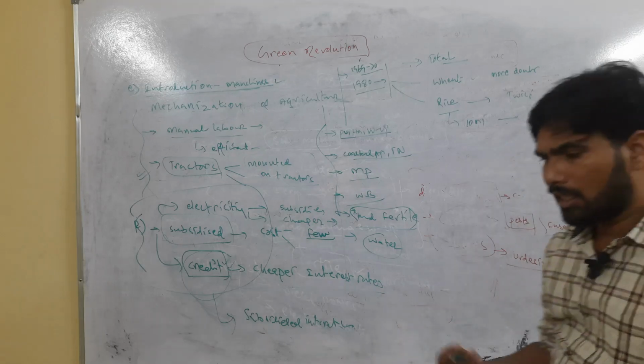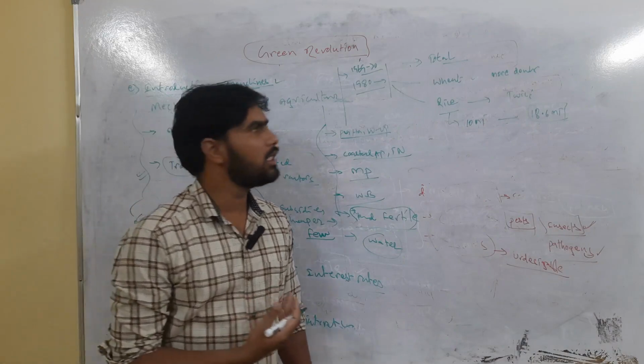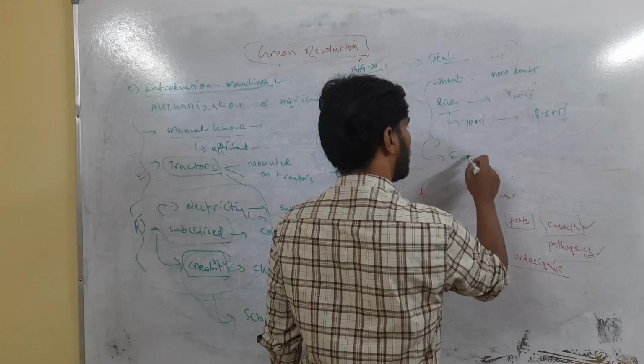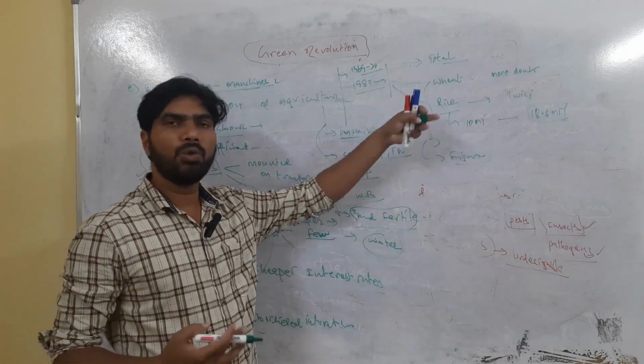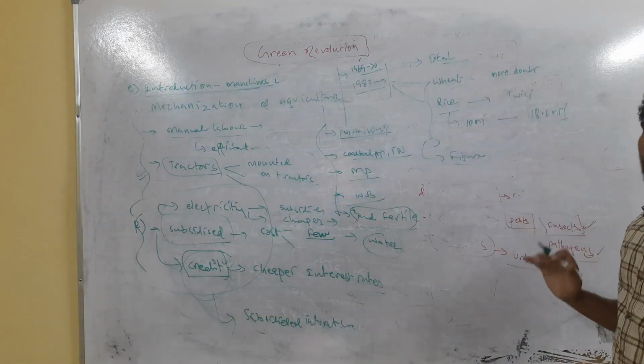In tomorrow's class, I will explain with complete figures how there was a drastic increase in food production. For this class, remember there was a huge increase in total food grains in the country within those 10 years.